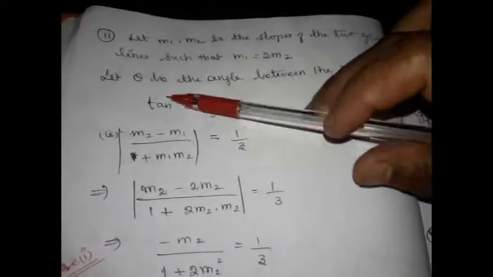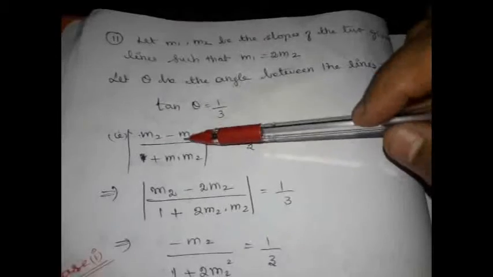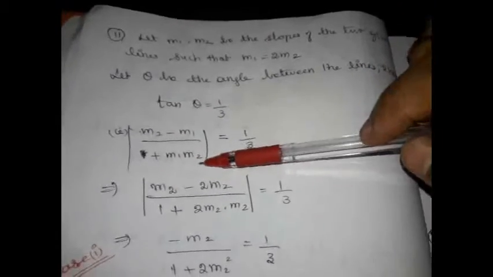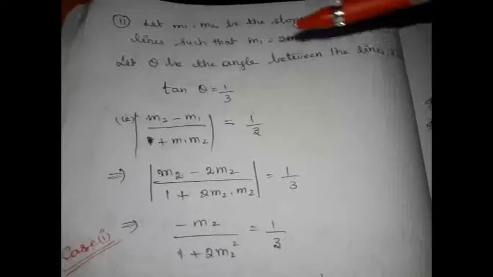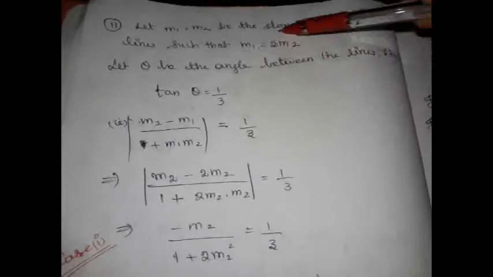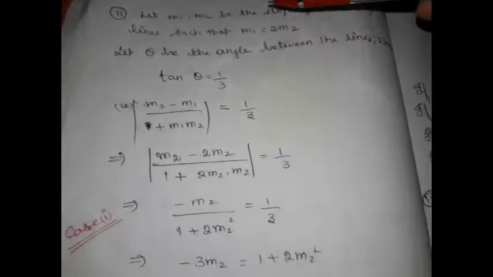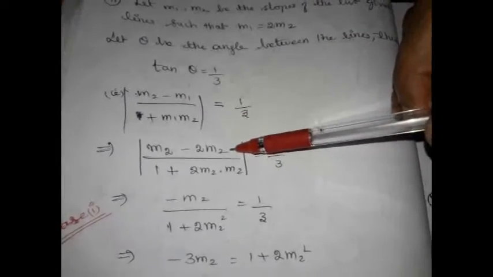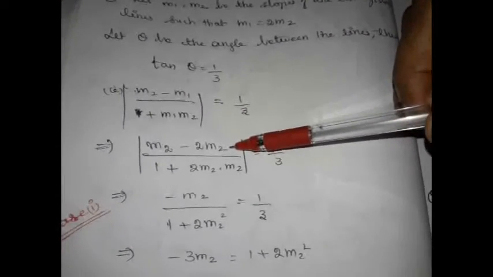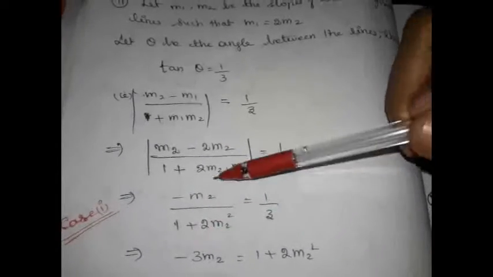Now we know the formula for tan theta: modulus of (m2 minus m1) divided by (1 plus m1 m2) is equal to 1 by 3. Now we are going to replace m1 by 2m2. So in the place of m1, I have replaced it as 2m2. So what will happen? Modulus of (m2 minus 2m2), that is minus m2, divided by 1 plus 2 m2 square.